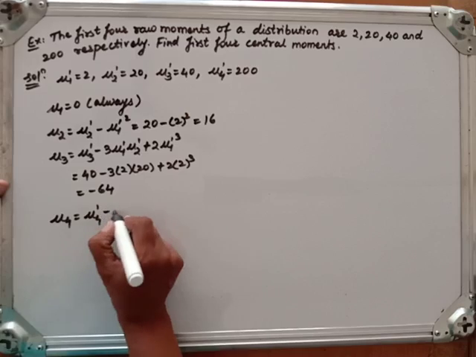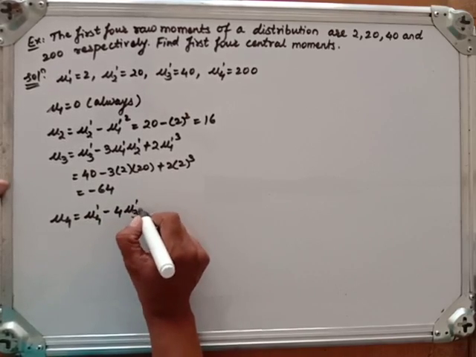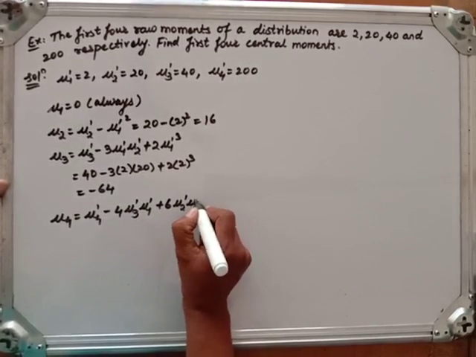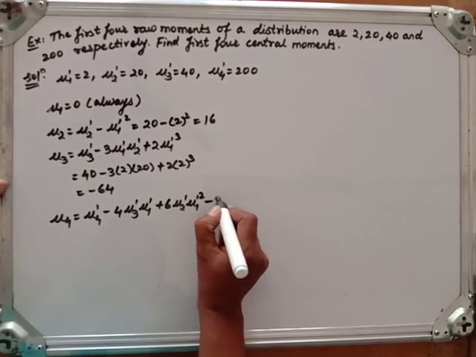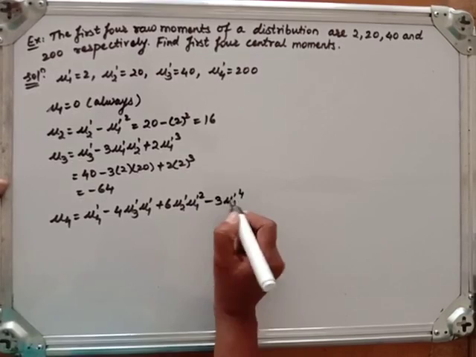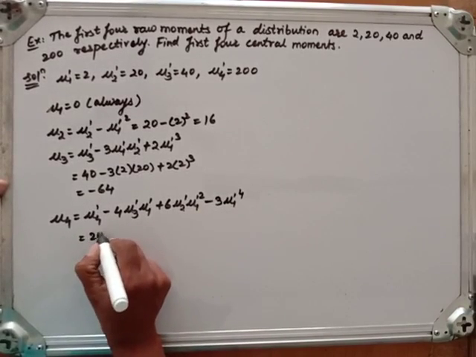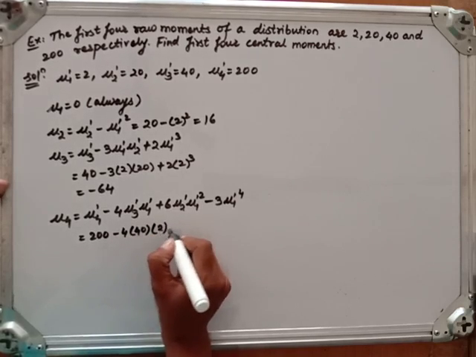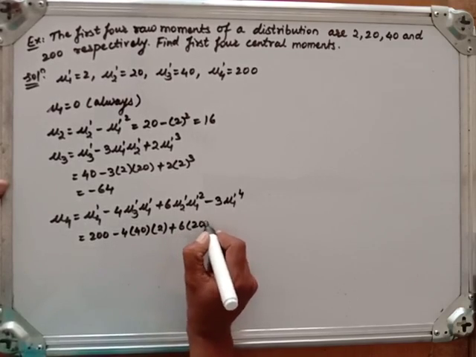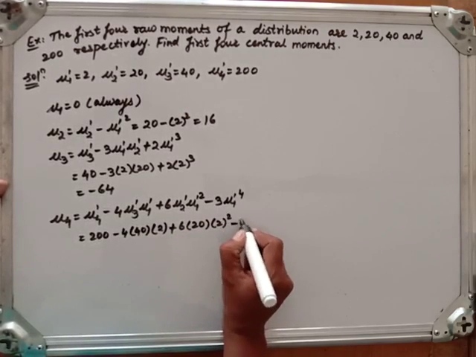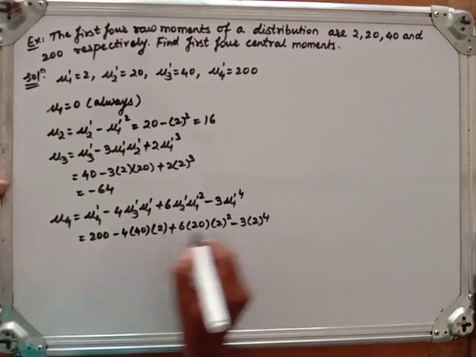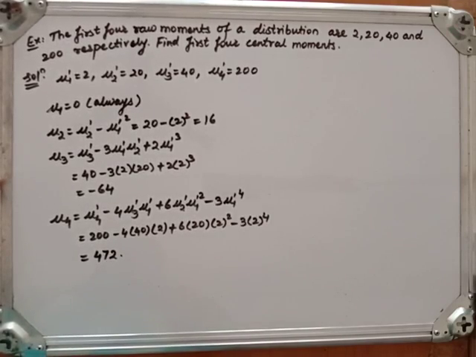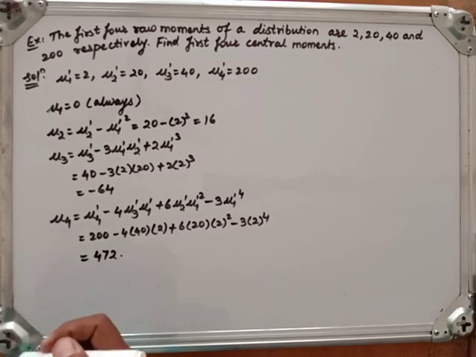Mu4 dash minus 4 mu3 dash mu1 dash plus 6 mu2 dash mu1 dash square minus 3 mu1 dash raised to 4. So this is 200 minus 4 into 40 into 2 plus 6 into 20 into 2 square minus 3 into 2 raised to 4. And this simplification will be 472. These are the first 4 central moments using given raw moments.